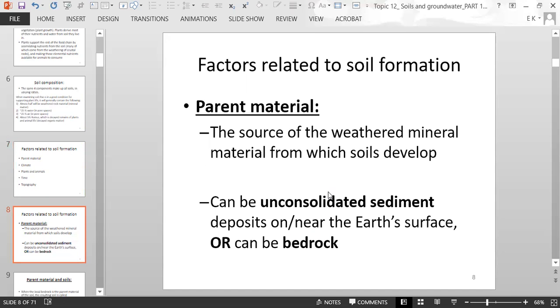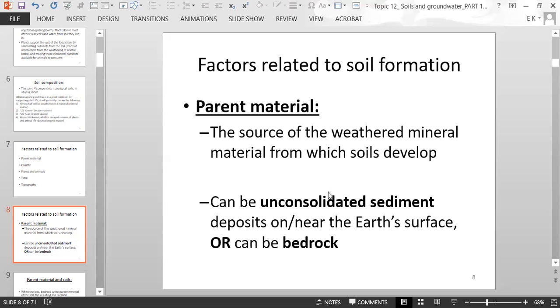So the parent material, that is the source of the weathered mineral material from which the soils develop. So that's basically the rocks that are associated with the landscape that ultimately undergo weathering and become a component of the soil.